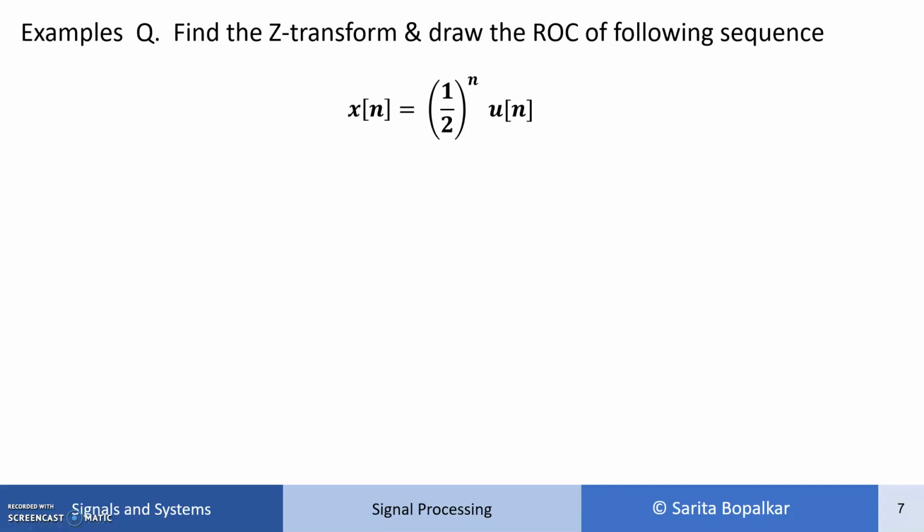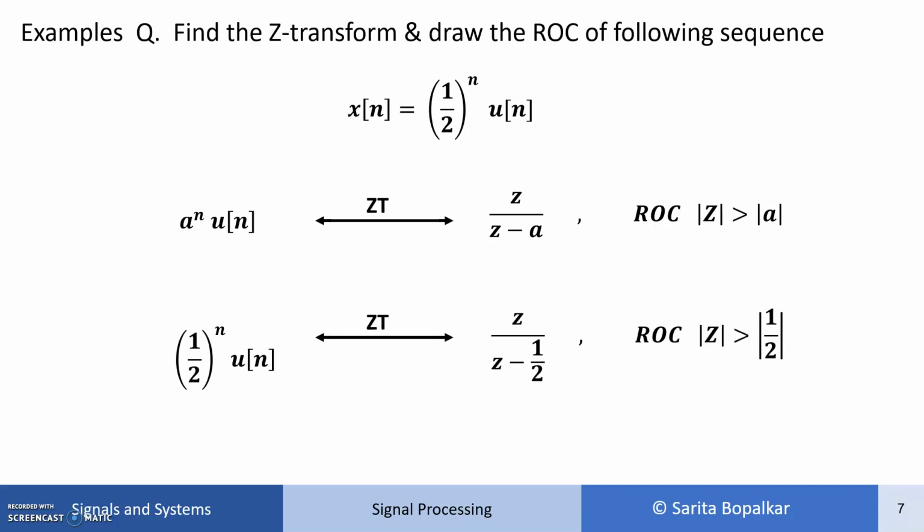So here we have taken a raised to n u of n. Now instead of a raised to n, there can be another type of example like 1/2 raised to n u of n. The answer or procedure is the same as to find the Z transform of a raised to n u of n. Here only a is 1/2.